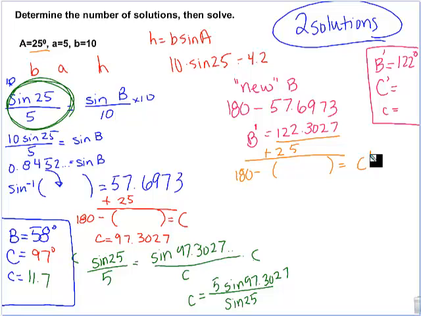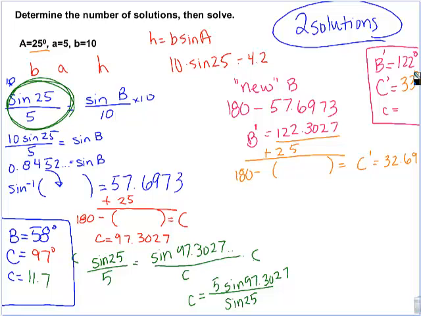And what do we get for that new angle of C? 32.69, so we'd say it was 32 degrees or 33 degrees rounded? 33. Always round to the nearest degree.